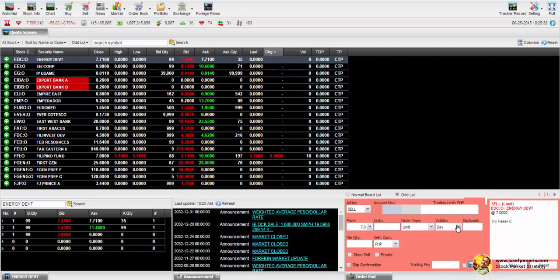Then the validity, if you want to pick good for closing or good for the day. And you can also skip for confirmation, and you can type your trading pin for additional security purposes.